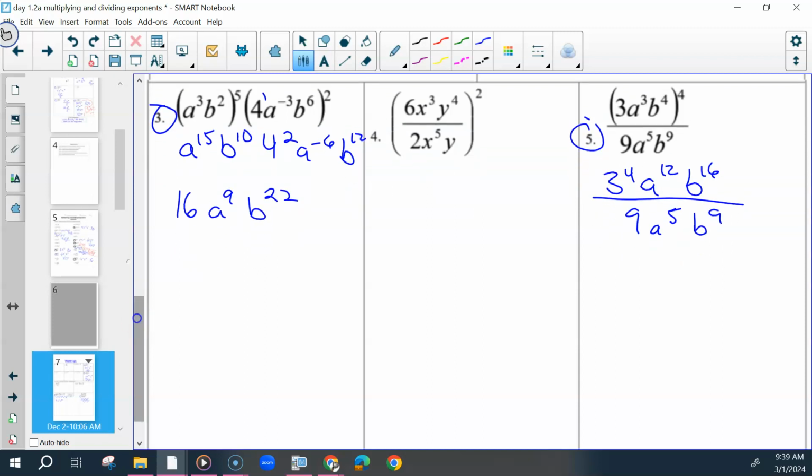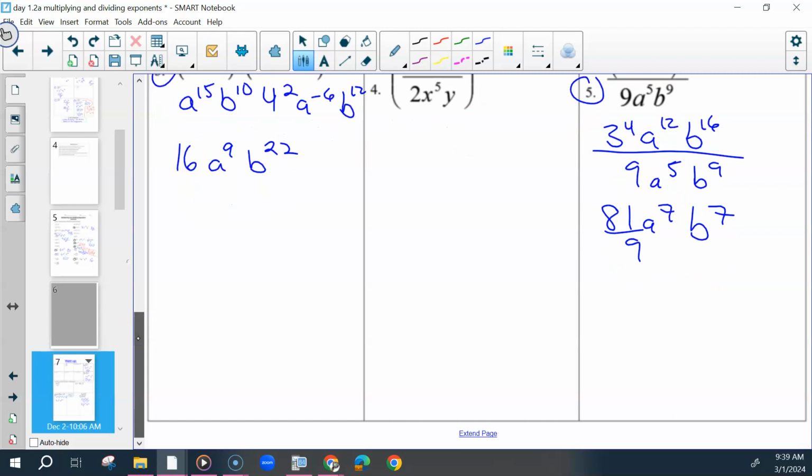What is 3 to the 4th? 81. If we're dividing, we'd have a to the 7th and b to the 7th. And then 81 over 9 is 9. So 9a to the 7th, b to the 7th. Other questions in numbers 1 through 5? Look on the back, and then this will be the last thing we do today.